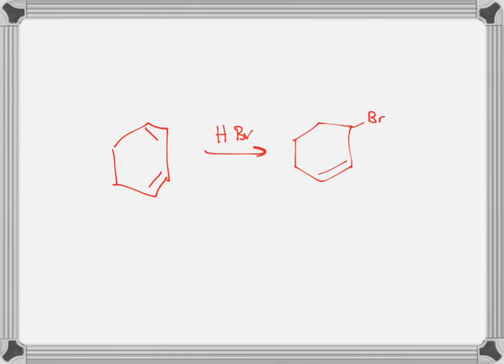It'd be less because you lost a pi bond. We lost a pi bond, which means what happens to our UV-Vis? It's going to go to higher energy, which would be lower wavelength. So we just see our signal shift to the left. That's it. UV-Vis, done. Okay? Other questions?